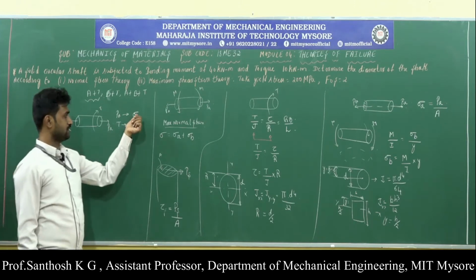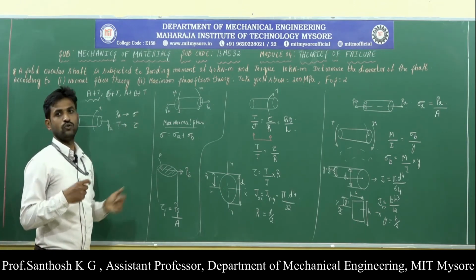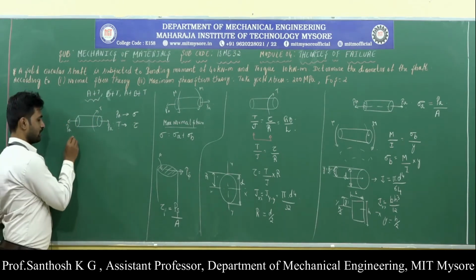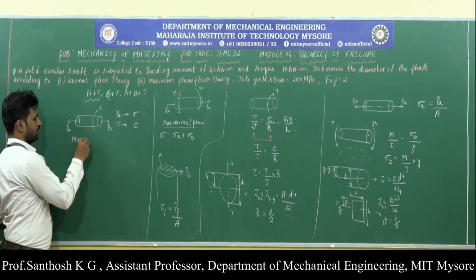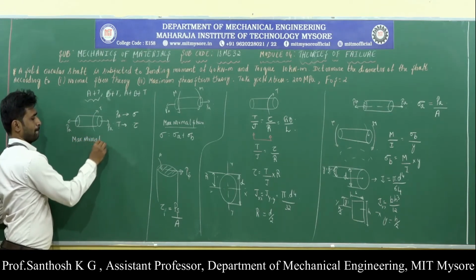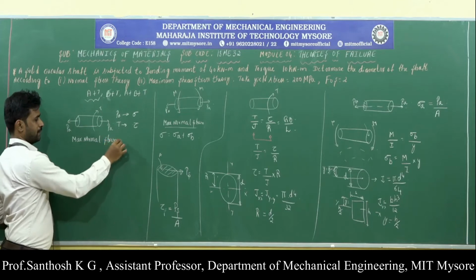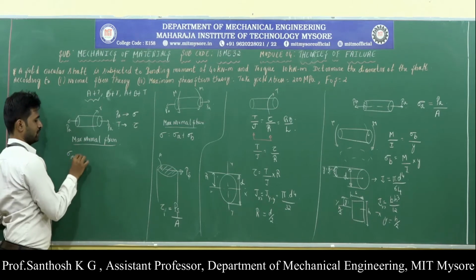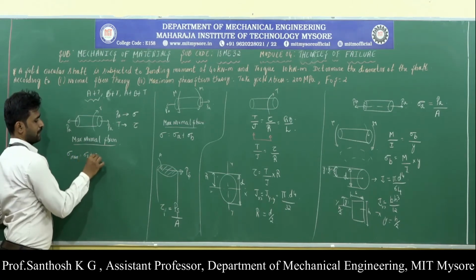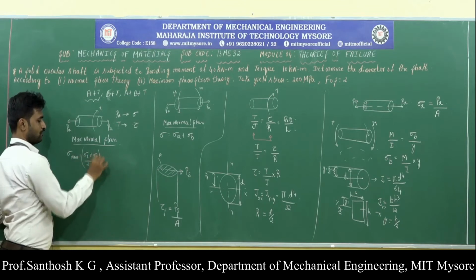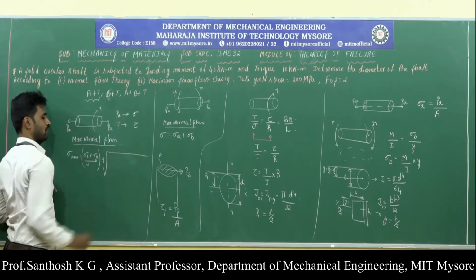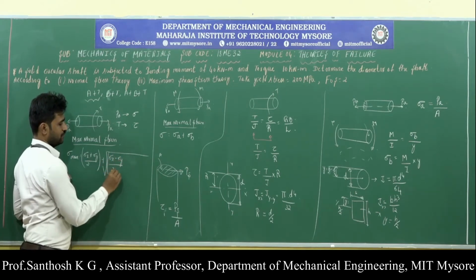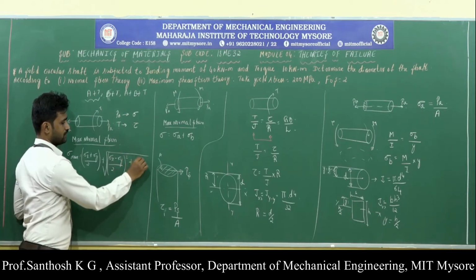So here, since the member is subjected to both the normal stress as well as the shear stress, in order to calculate the maximum normal stress induced in the member, we can use the equation sigma max equals (sigma x plus sigma y) by 2 plus square root of ((sigma x minus sigma y) by 2) whole square plus tau square.